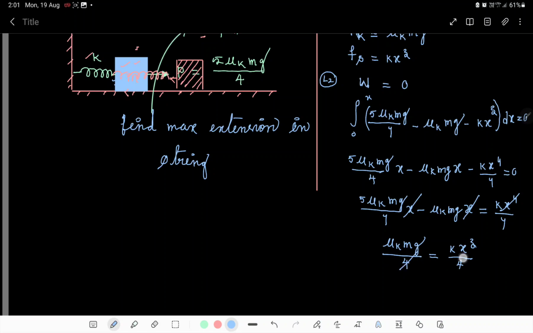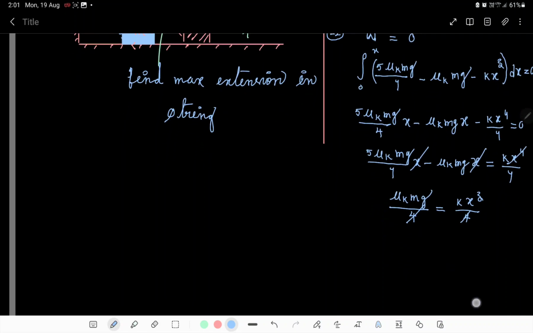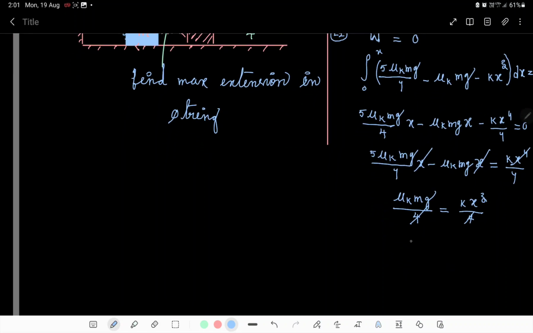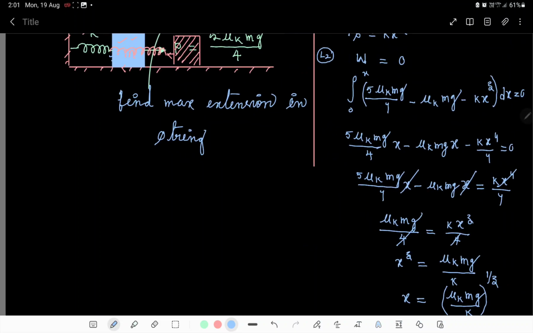The 4 gets cancelled out, therefore x cube equals mu k mg by k. Therefore x equals (mu k mg by k) whole power 1 by 3. So that is the maximum extension in the spring. Thank you.